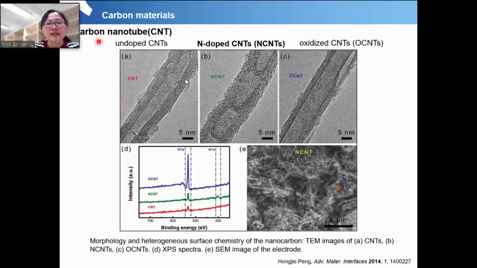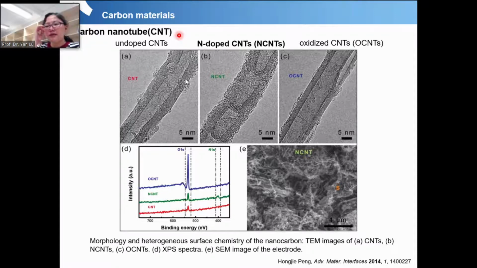And as a third example, of course, carbon nanotubes, as I mentioned, can form a sponge structure. So it's a very good candidate if you want to work on a freestanding cathode material without any binder.